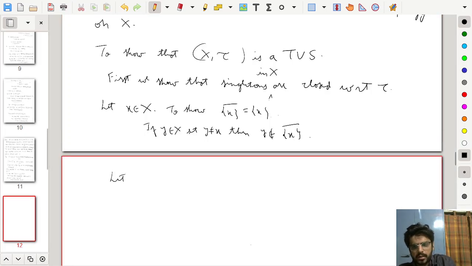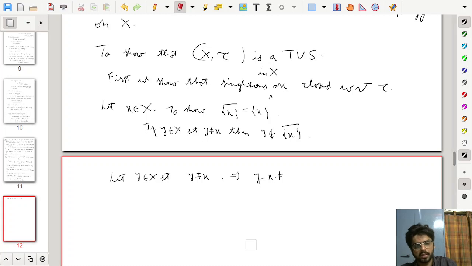So let us start. Let y belong to X such that y is not equal to x. This implies y minus x is not equal to 0, and this also implies x minus y is not equal to 0, right?